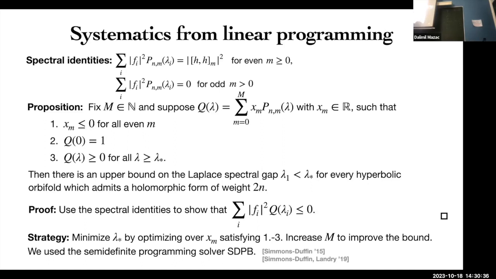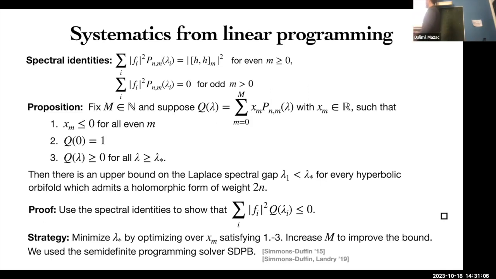Because of property 1, this is non-positive, but because of property 2, there has to be at least one negative term, and because of property 3, it tells you that the term has to have a lambda which is less than lambda star. You can just believe me, it's a bit hard to explain.